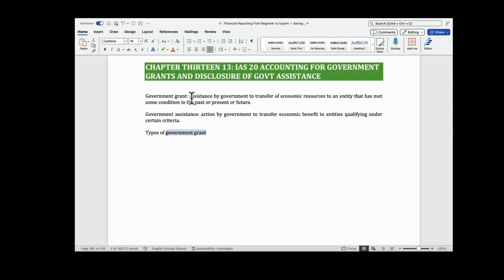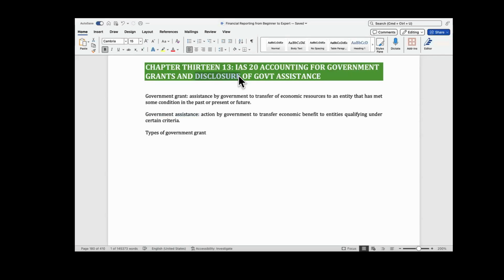And that's why the standard IAS 20 talks about accounting for government grants and disclosure of government assistance. Because any assistance that is not a grant, you cannot account for it. You cannot measure it. The best you can do is to disclose it because they are non-monetary.